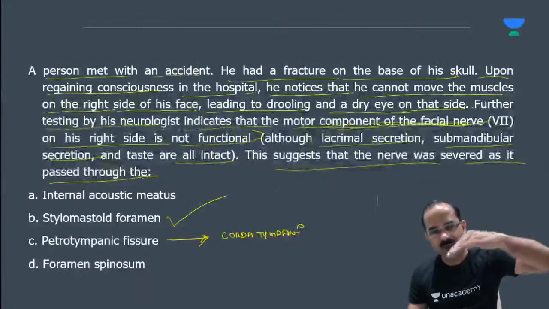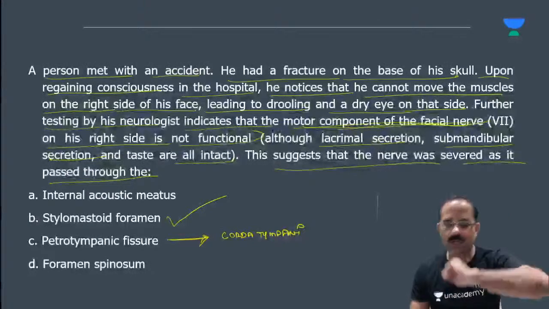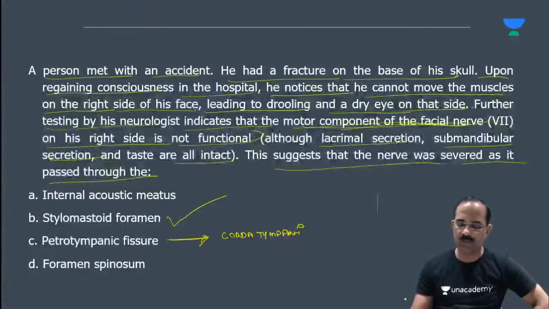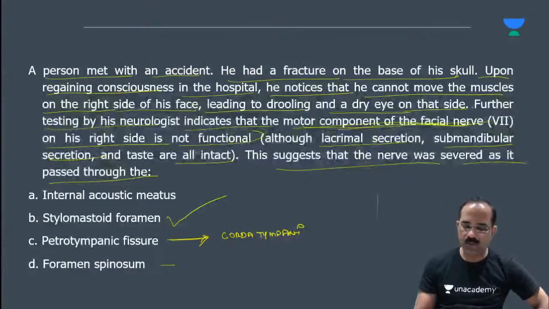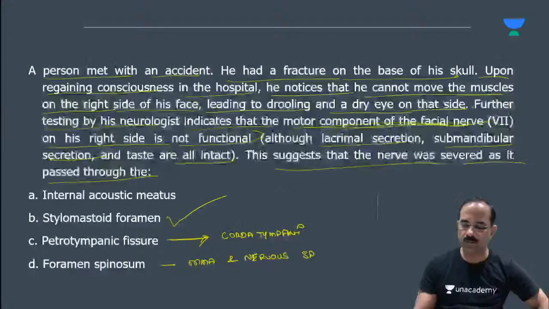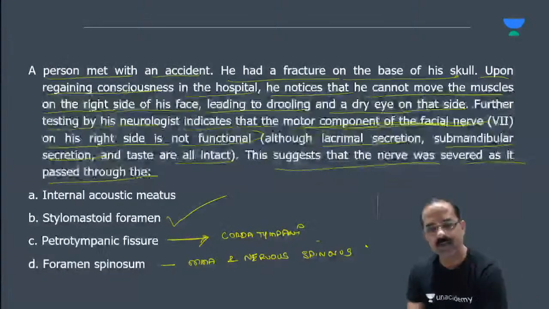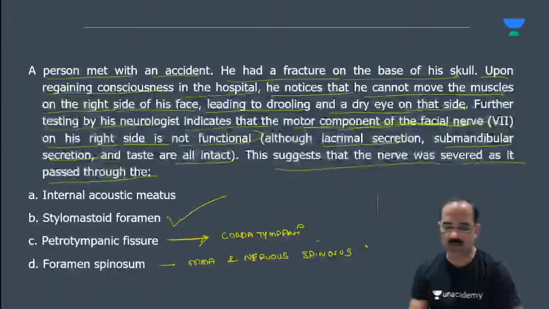The chorda tympani then goes and joins with the lingual nerve. Through the foramen spinosum goes the middle meningeal artery and nervus spinosus.